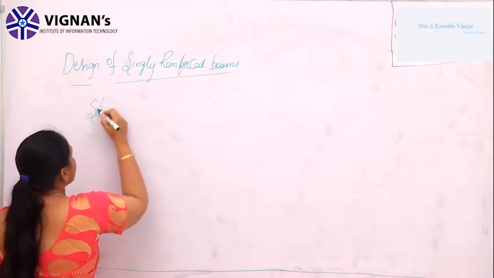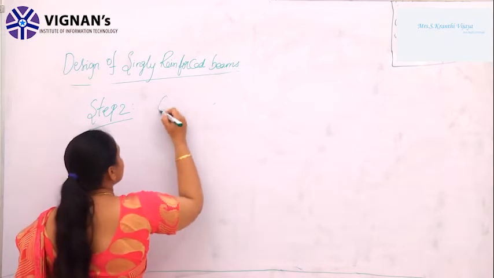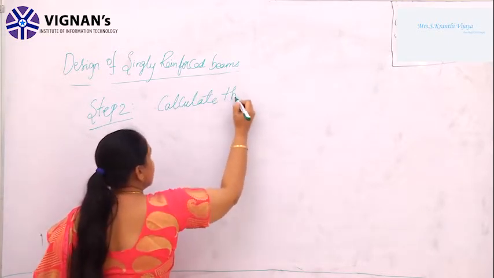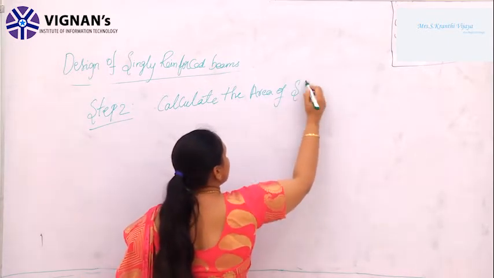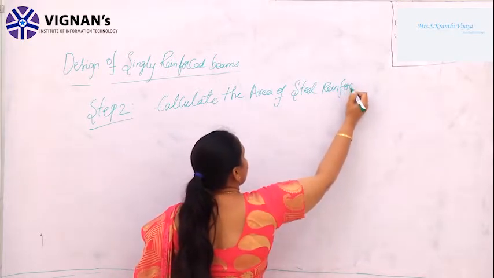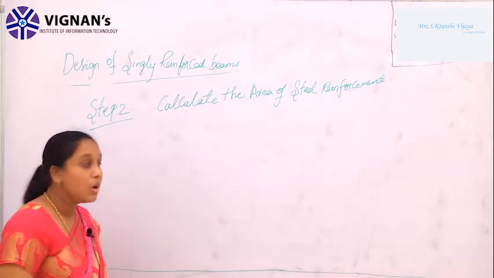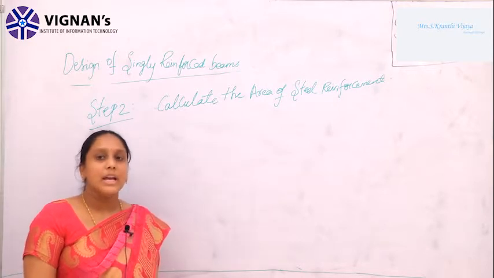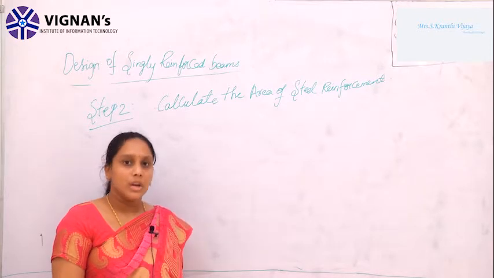So, step 2 is to calculate the area of steel reinforcement. The area of the steel reinforcement also should be calculated for the moment it has to carry.